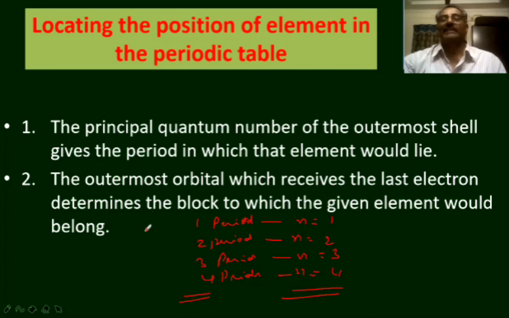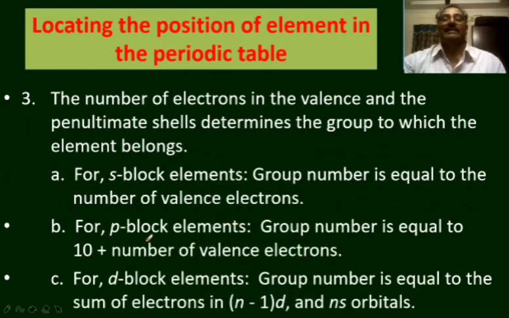We can find whether the element belongs to the s block, p block, d block or f block. Once the block is determined, we can find the group of the periodic table. The number of electrons in the valence shell and the penultimate shell determines the group to which the element belongs.